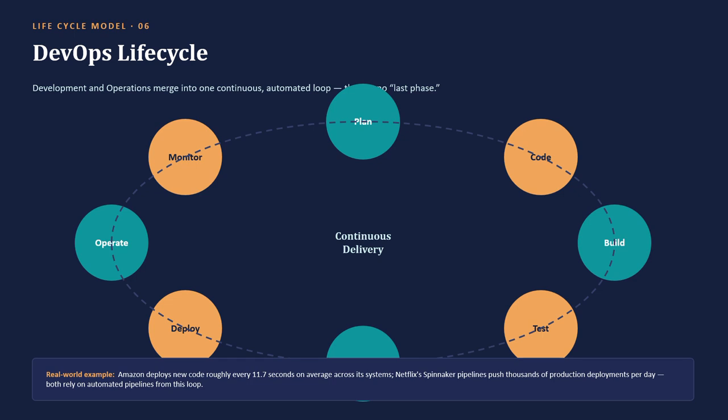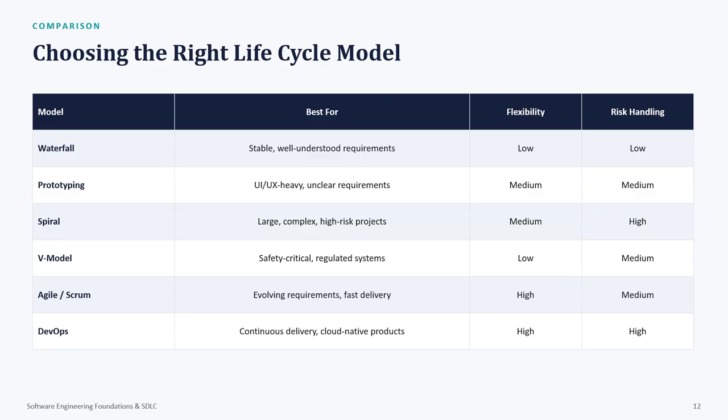Real example is Amazon deploys new code roughly every 11.7 seconds on average across its system. Netflix Spinnaker pipelines push thousands of production deployments per day. Both rely on automated pipelines from the loops.